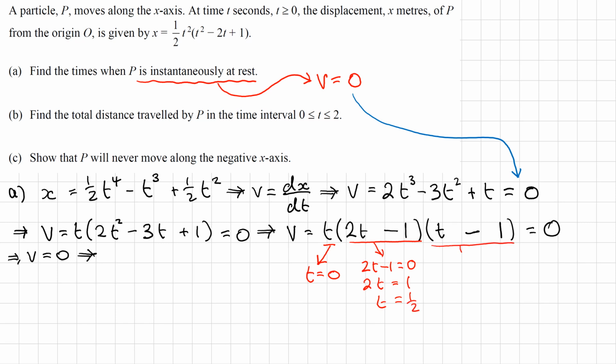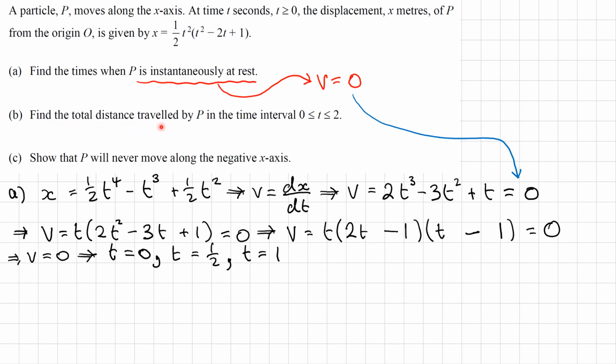And when t minus 1 is equal to 0, in other words, when t is equal to 1. So the times when P is instantaneously at rest are when t is equal to 0, when t is equal to a half, and when t is equal to 1.